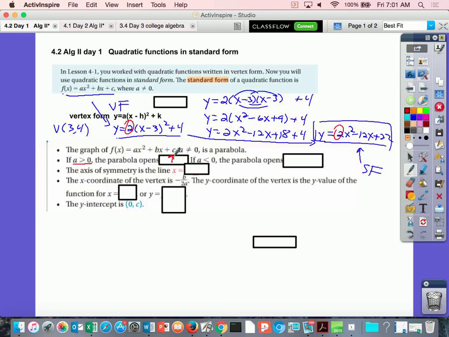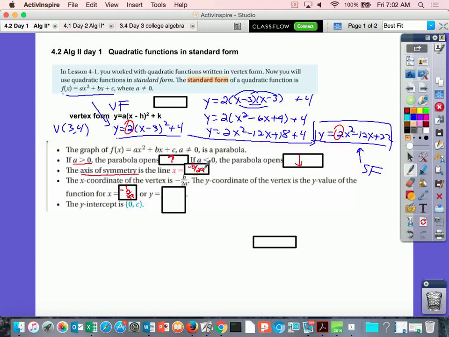If a is negative, the parabola opens downward. Now here's the key piece of information for the whole day. We can talk about why this is later. But if you want to find the axis of symmetry or the x value of the vertex, it's negative b over 2a. That is the x value of the vertex and the axis of symmetry. x equals that value is the axis of symmetry.